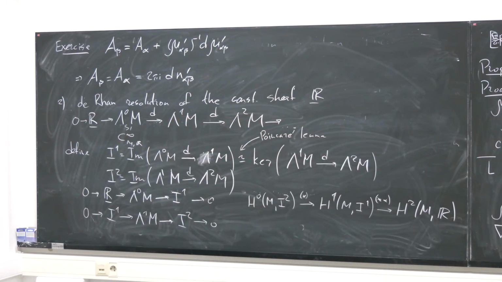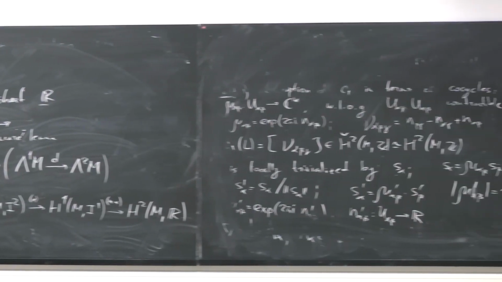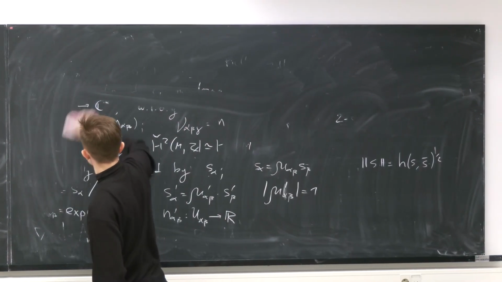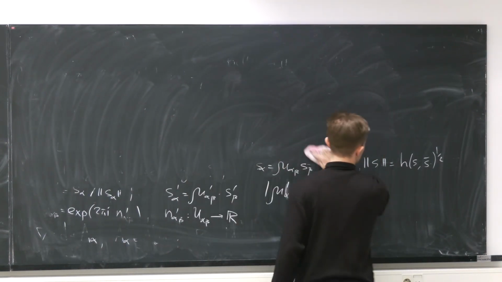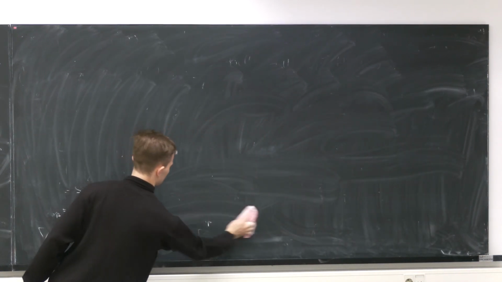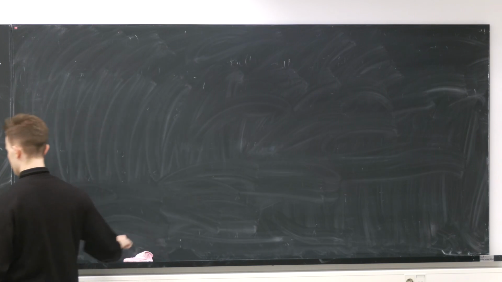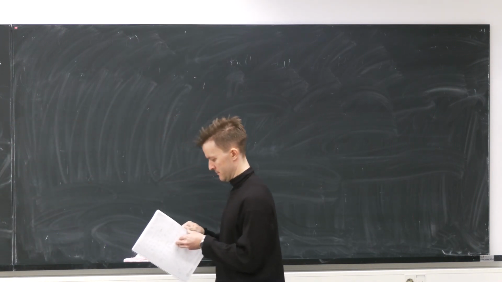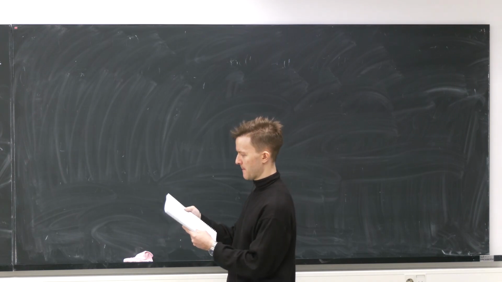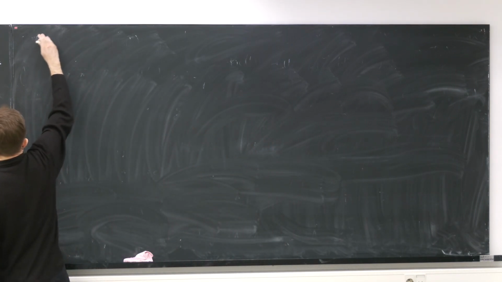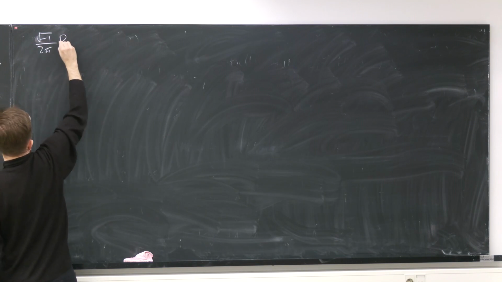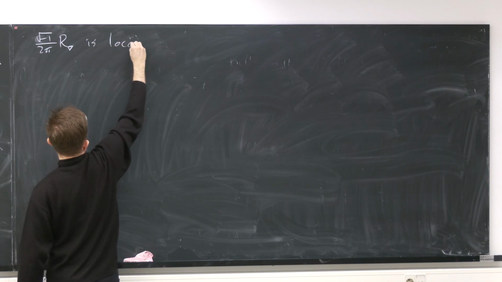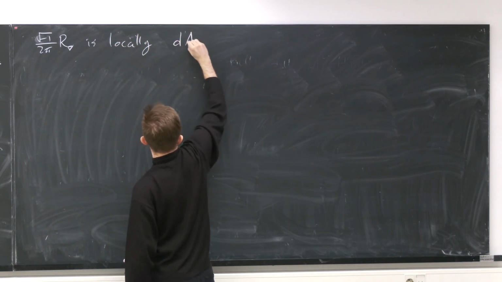I recall that my curvature is locally given by the differential of A alpha.